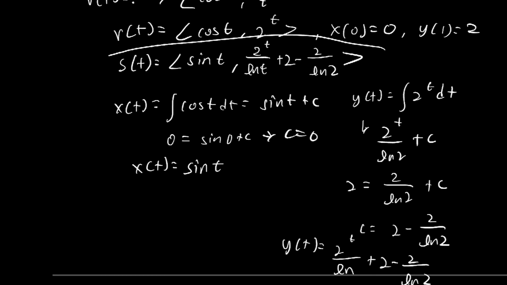And there is our position vector. There you have it. So that's another type of question where you're going to be given a velocity or an acceleration vector and have to integrate. And most likely they will give you an initial condition, otherwise you just put plus c.